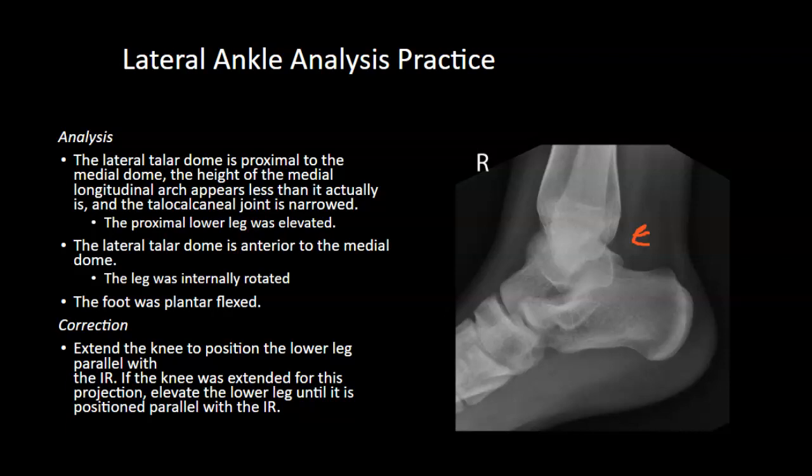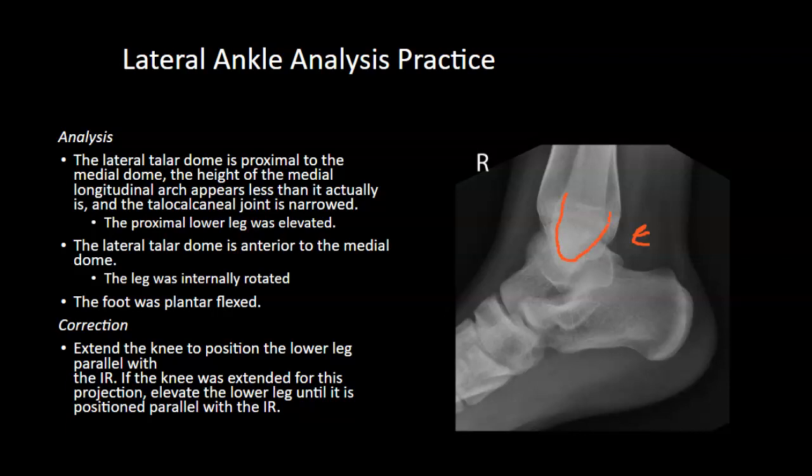When we don't see a joint space, it usually means that there is some type of elevation. And in this instance, the lateral talar dome is proximal to the medial talar dome. Again, there's a lot of distortion, but the other key indicator here is the fibula relationship.